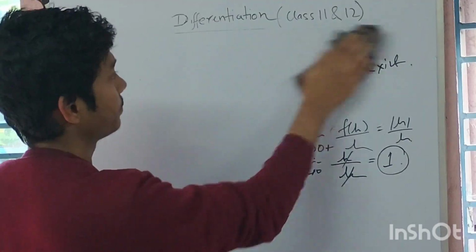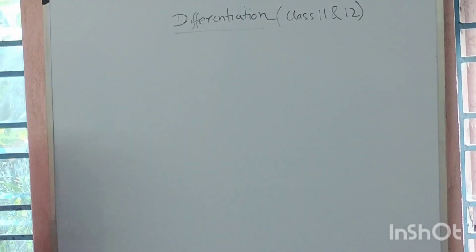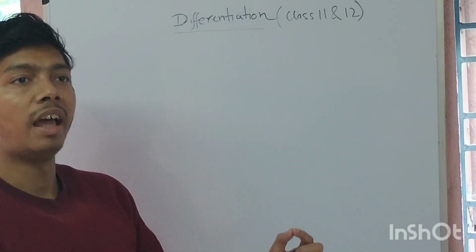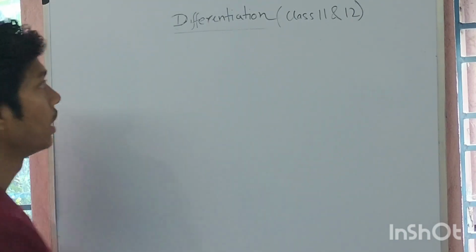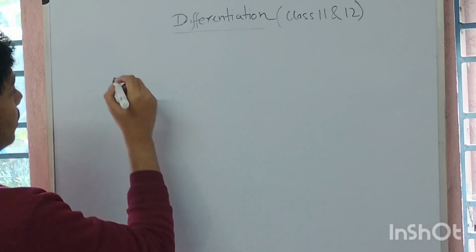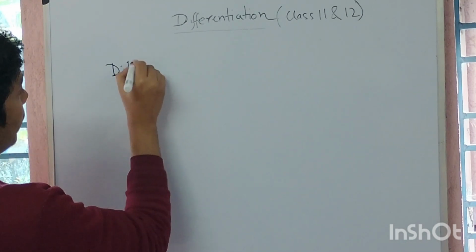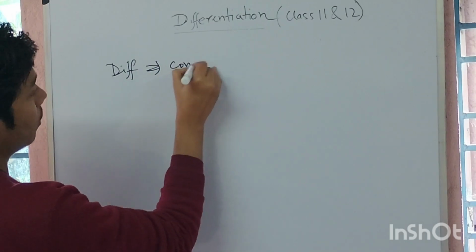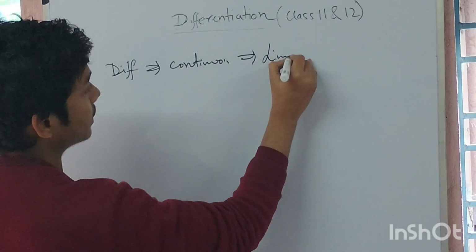And I am also telling you a very beautiful link: differentiation's link with limit and continuity. Differentiable means continuous, which implies the limit exists.